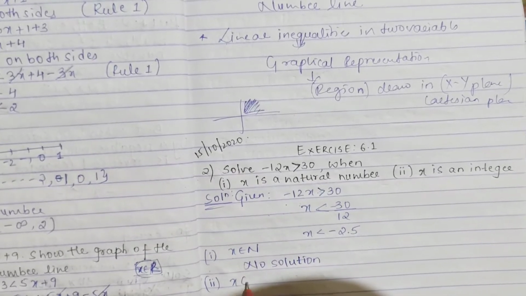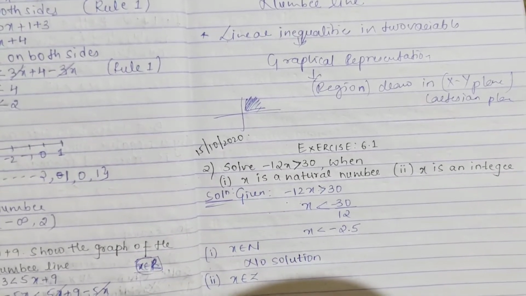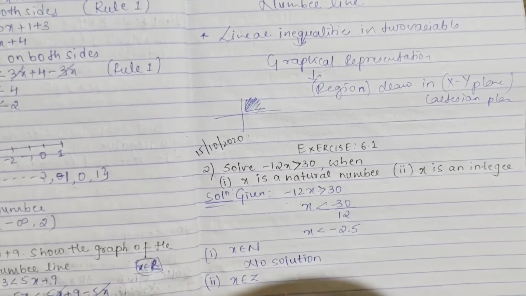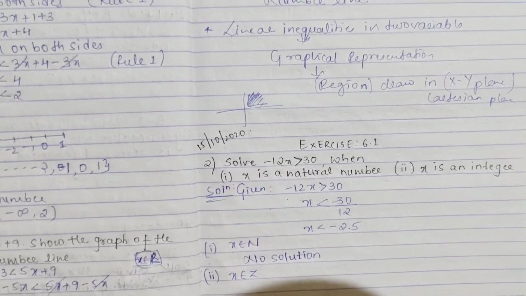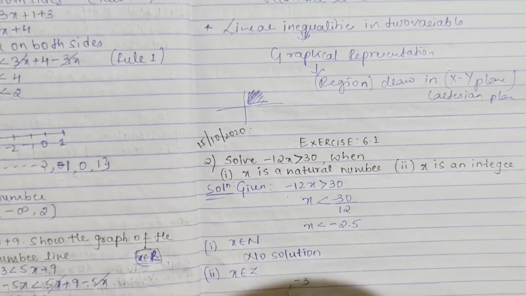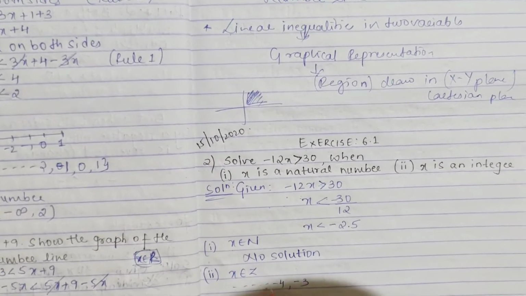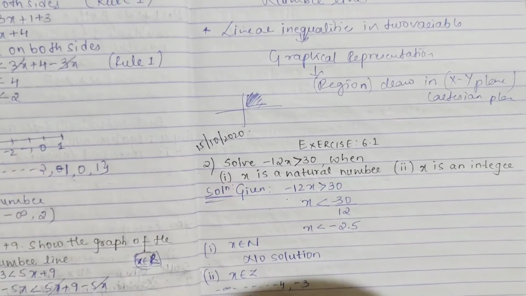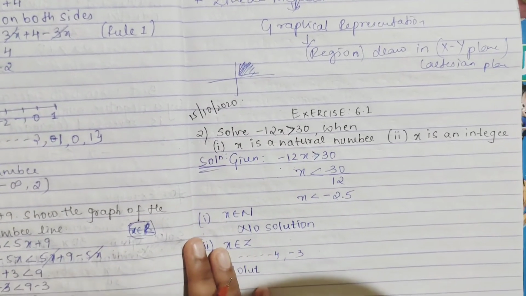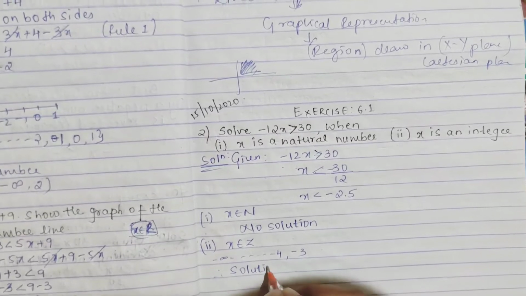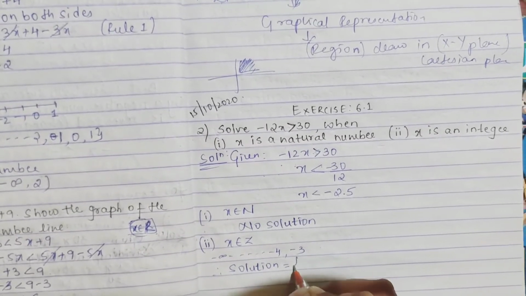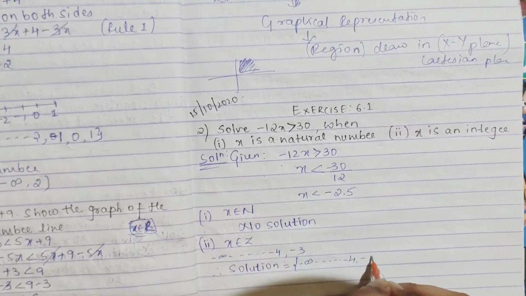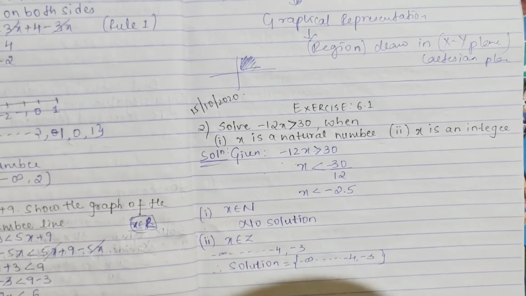Second, they are telling x is an integer, meaning x belongs to integers. So less than minus 2.5 means what? It will be minus 3, minus 4, and so on up to minus infinity, right? So its solution set you can write as minus infinity, and so on, minus 4, minus 3.